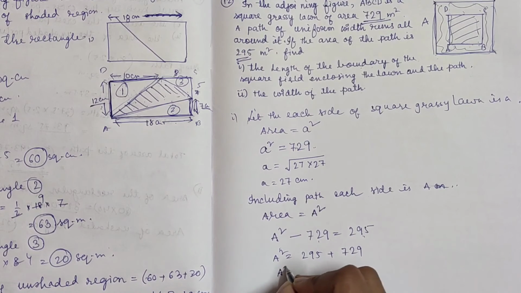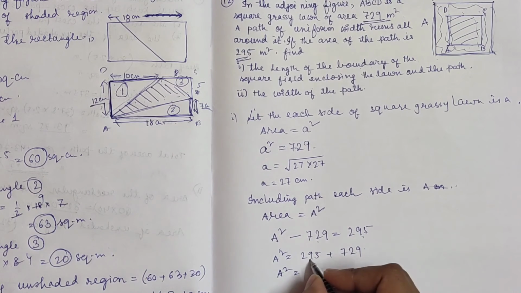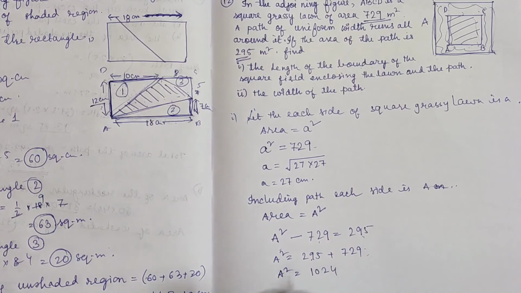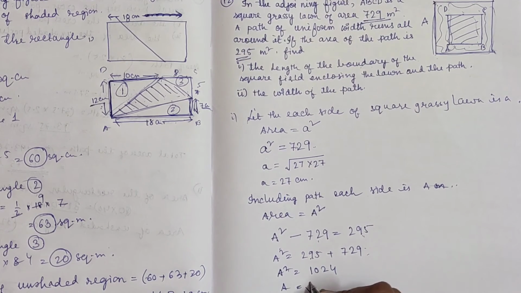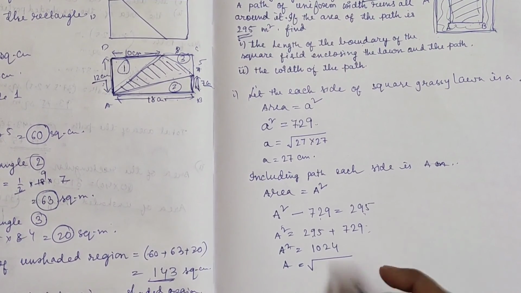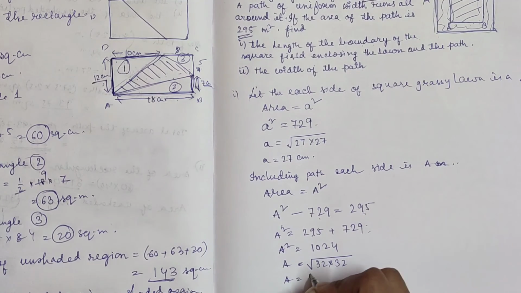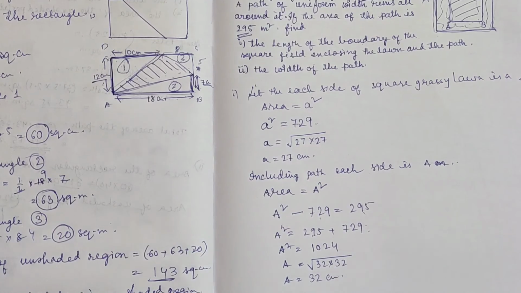So A square equals 295 plus 729 equals 1024. So what is the root of 1024? A equals root 1024, which is 32 into 32. So A equals 32 centimeter.